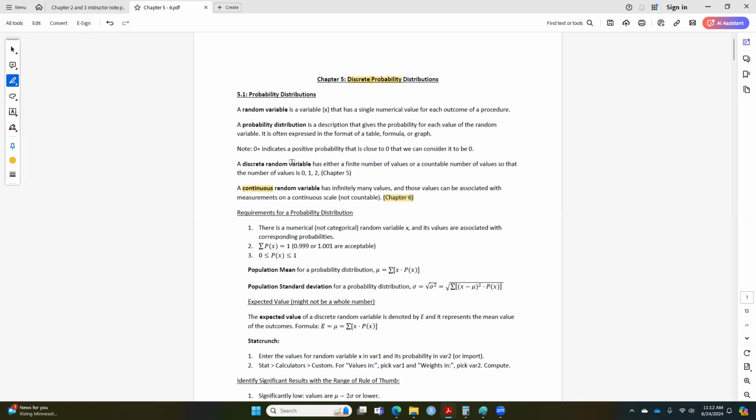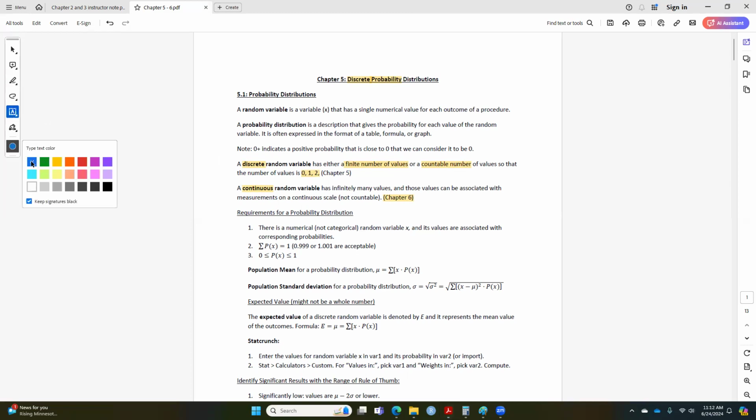Again, let me tell you what is discrete first. A discrete random variable is where you get a finite number of values, or countable numbers, where if I ask you for the data, the answer you give me is 0, 1, 2, 3, 4, 5.